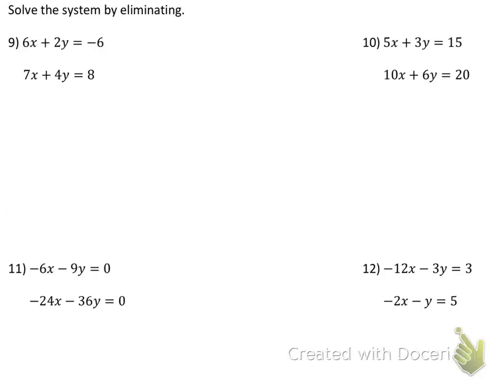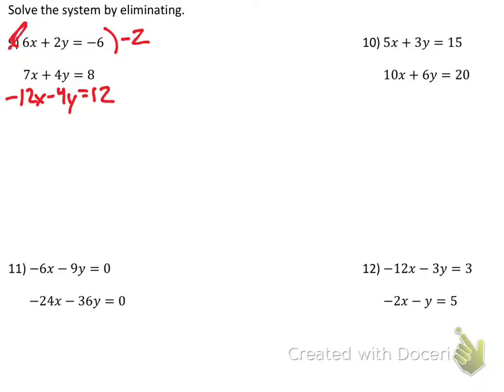All right, so this one right here, the number 9, I can see that I'm going to need to multiply the top by a -2. So when I do that, I will get negative 12x and then minus 4y is equal to 12.